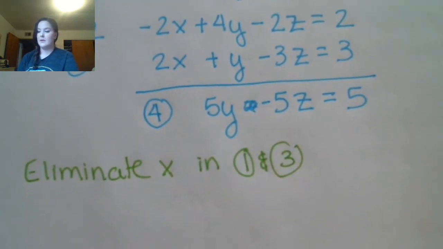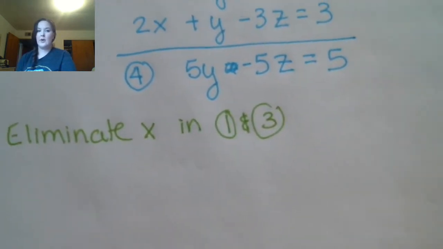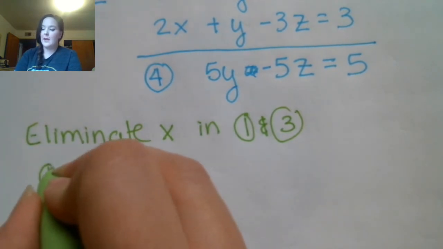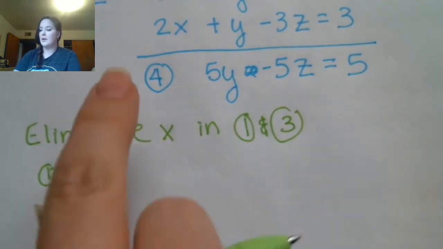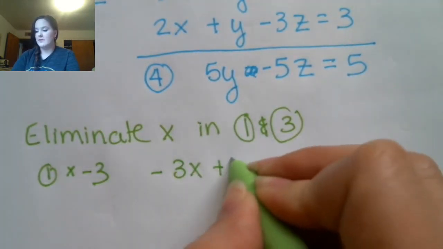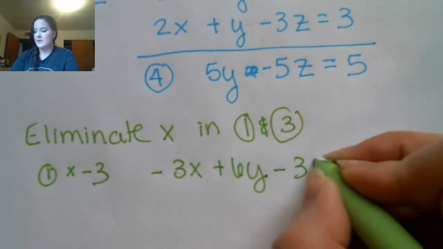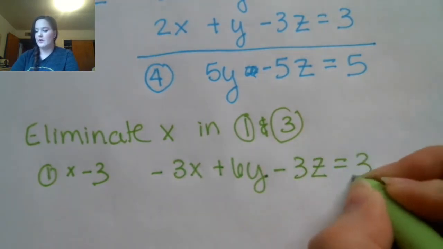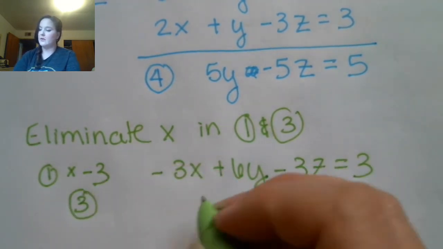So I'll let you peek at the equations again. I'm going to take equation 1 and multiply it by -3. So I'll have -3x plus 6y minus 3z equals 3. And then I'm just going to copy down my third equation.